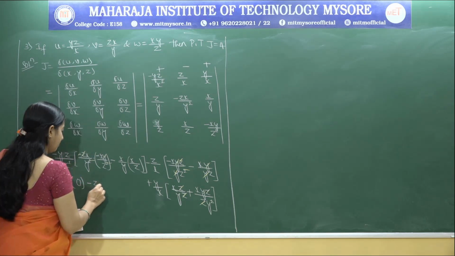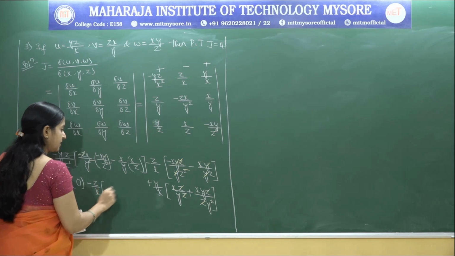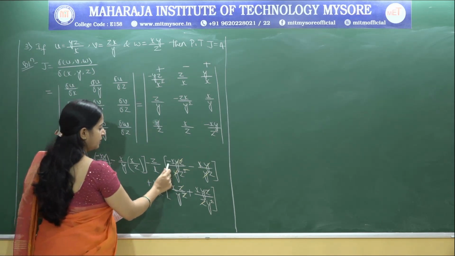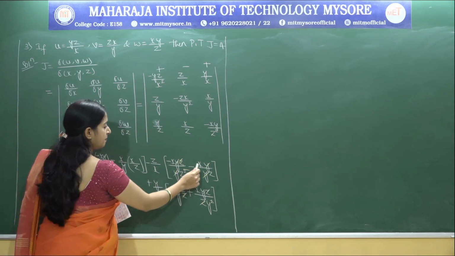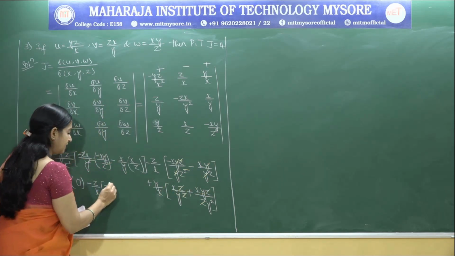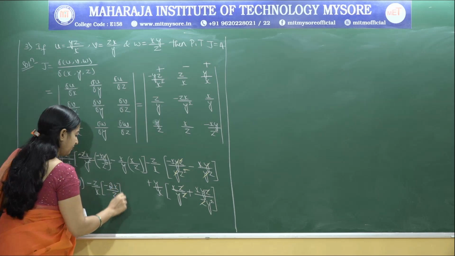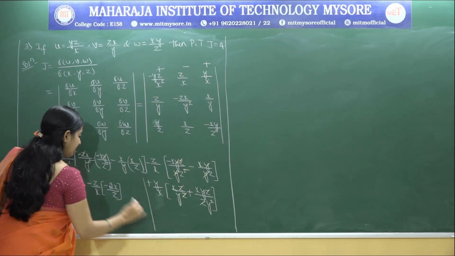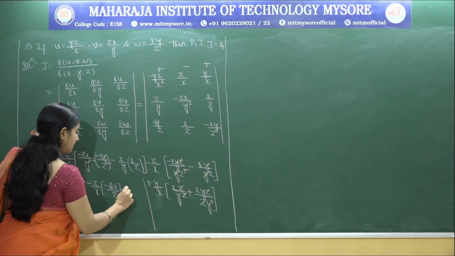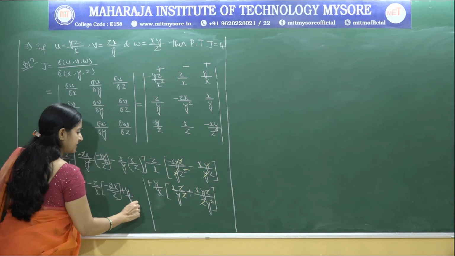Similarly, second term, minus z divided by x. Here you will get minus x by z, minus x by z. Write this term as minus 2x divided by z. And the last term, plus y divided by x.